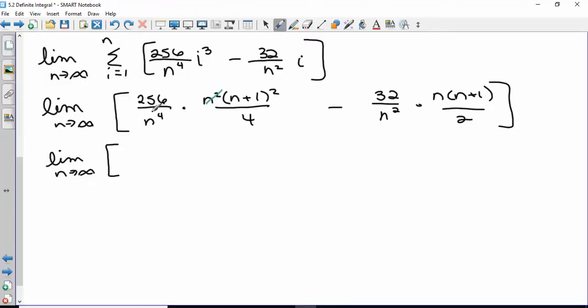Cancel an n squared. 256 divided by 4 is 64. So that will give me 64, if I FOIL that, n squared plus 2n plus 1 over n squared. 32 divided by 2 is 16. I can cancel an n.